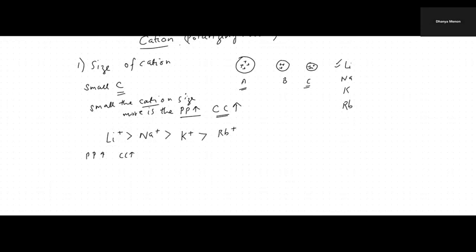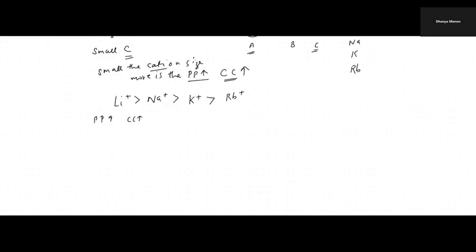Okay. Similarly, we take one more example: beryllium, magnesium, calcium, strontium. They are all from the second group. As you're coming down, what happens to the size? Size is increasing. So polarizing power becomes lesser.